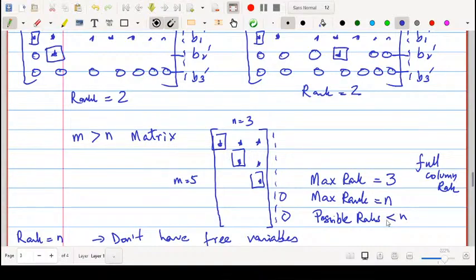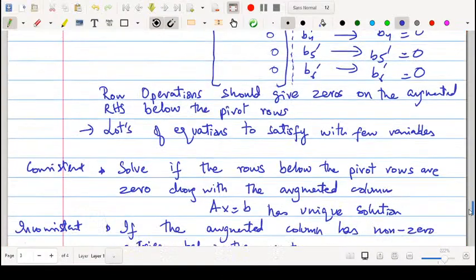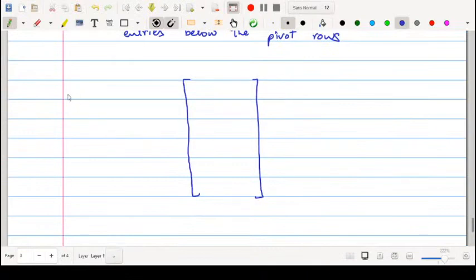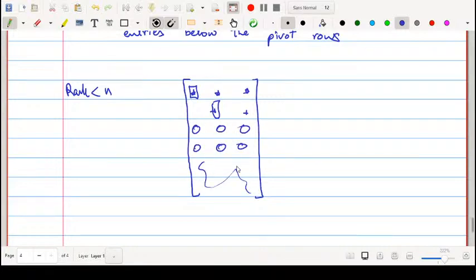So now let's talk about the case where you have a tall matrix and your rank is less than n. Let's say you had one pivot, and another pivot, and now you have just 0 rows, 0, 0, 0.